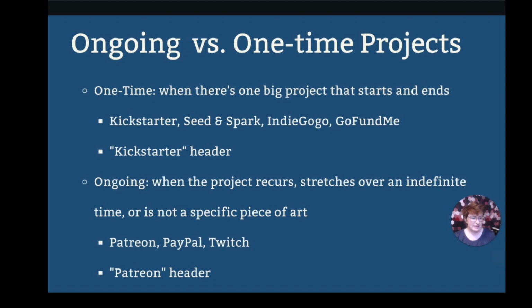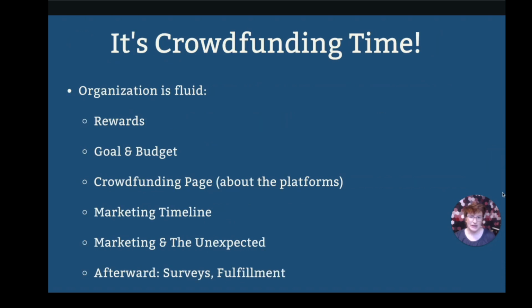And then, in addition to splitting those two headers by ongoing and one time, we will also be splitting up into this order of all of the different things you need to get in order as you plan, launch, and market your crowdfunding project. Rewards, so that's what your audience gets. Your goal and budget, so setting up how much money you need and how much money you're going to spend.